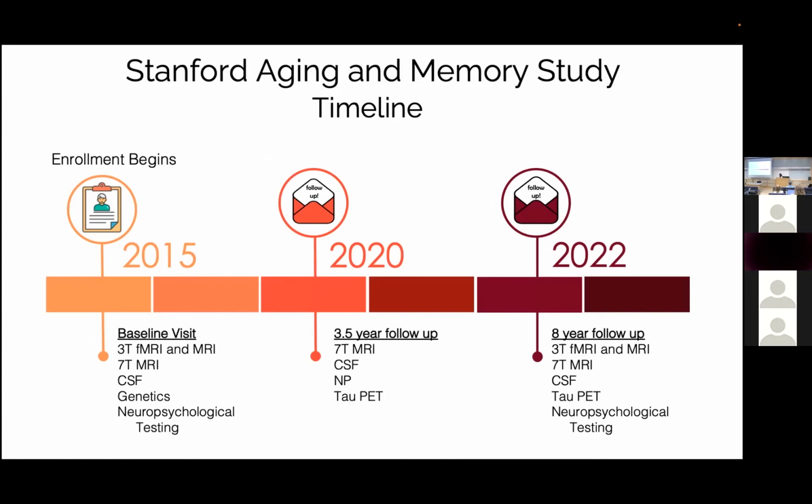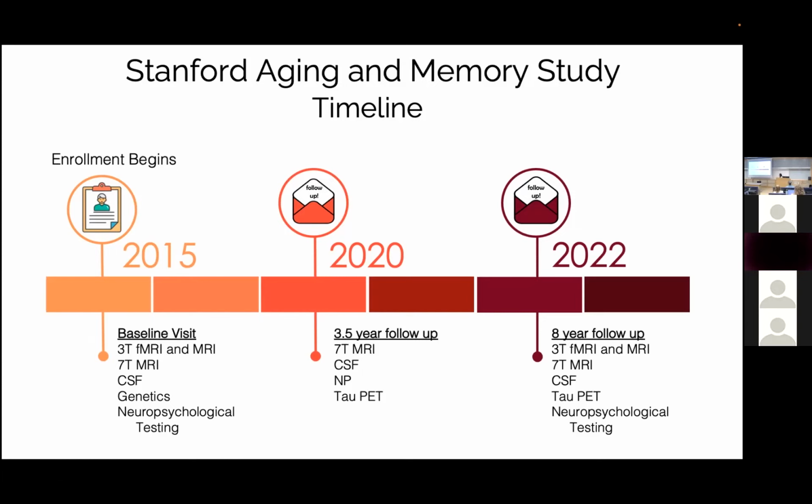In 2020, we added tau PET on a quarter of our participants. Unfortunately, the pandemic happened, so we weren't able to collect the whole set. In 2022, we began our 7.5 to 8 year follow-up, tracking all of these participants over time and repeating all of the baseline visits as well as tau PET.